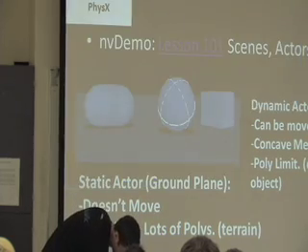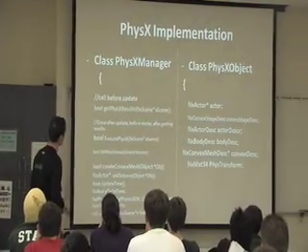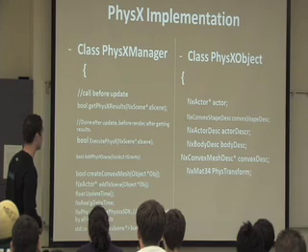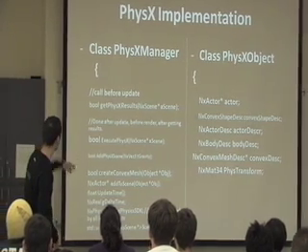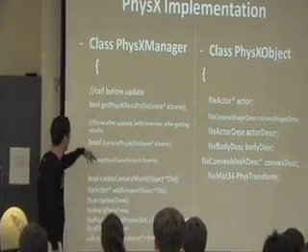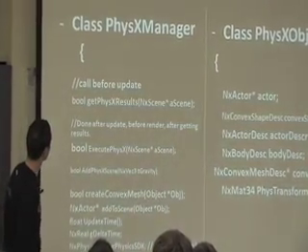There's a lot of decision that goes into the details here. What you see here is an example of the physics manager. I tried to make the code as big and readable as possible, so it might not be exactly right in terms of font, but you can see it, right? Can everybody see it? Okay.